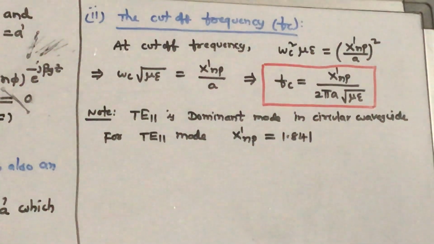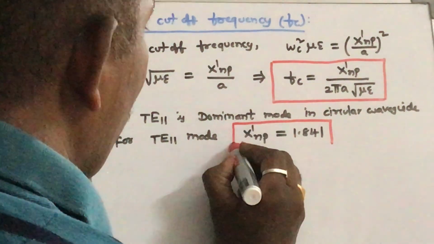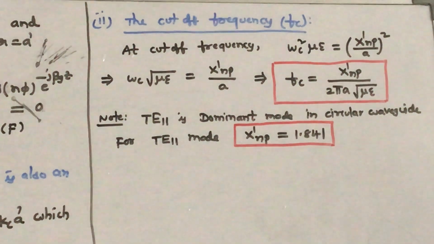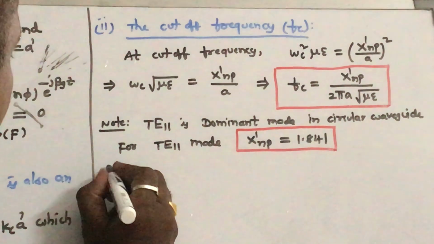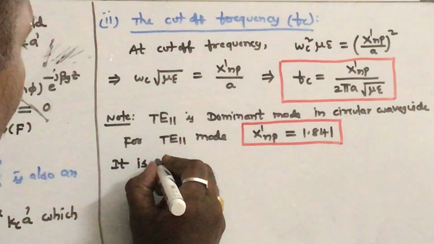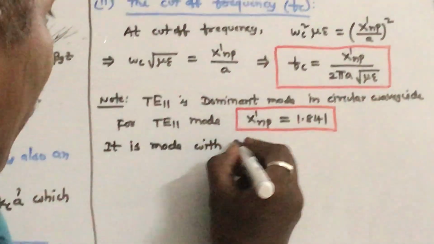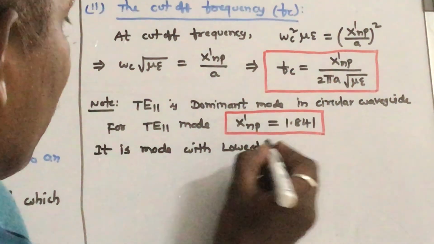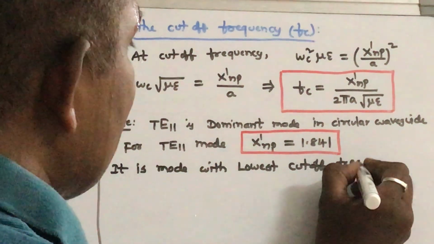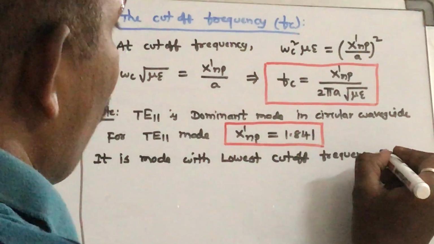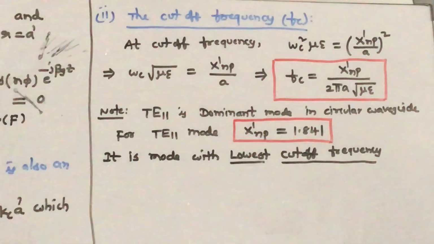This also we use several times while solving problems. The dominant mode is the mode with the lowest cutoff frequency. Remember this very important definition: the mode with the lowest cutoff frequency is called the dominant mode.